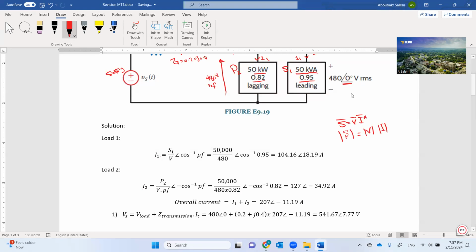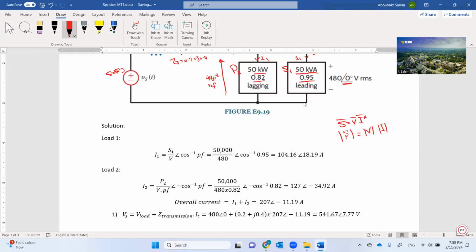The angle is cosine inverse of the power factor, and if it is lagging, the angle will be negative. If it is leading, the angle will be positive, because the reference voltage angle is 0.